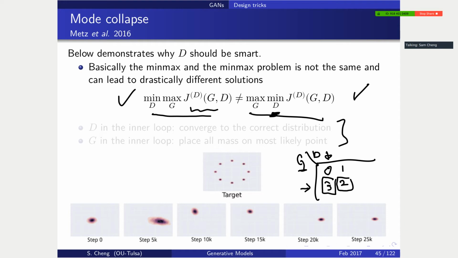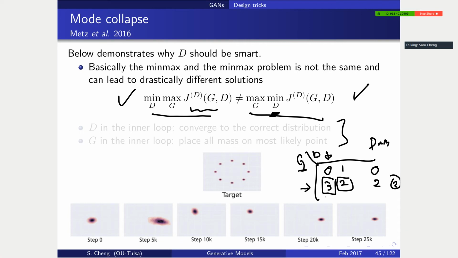If I minimize over D here, I should get 0 over this. I can pick, minimize over this one, I have 0 and also 2, and then maximize, G should get 2 here. Yes, this is D minimizing first.